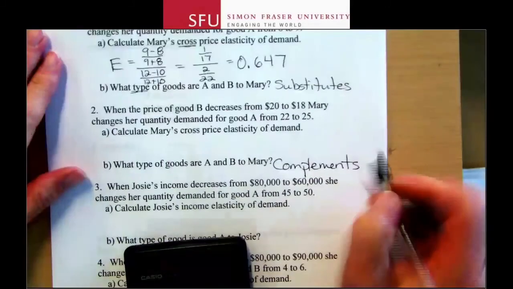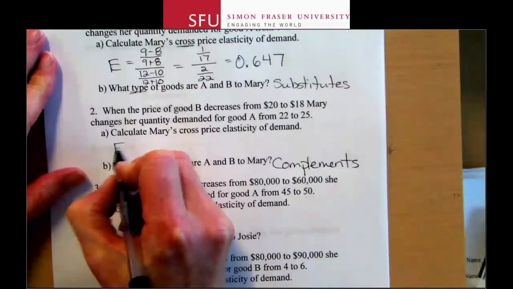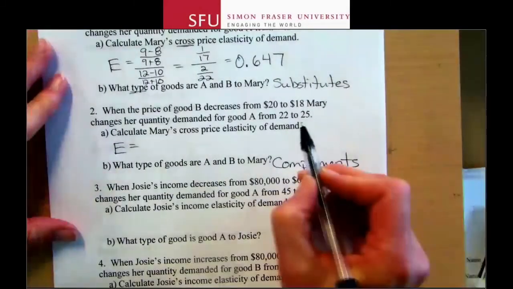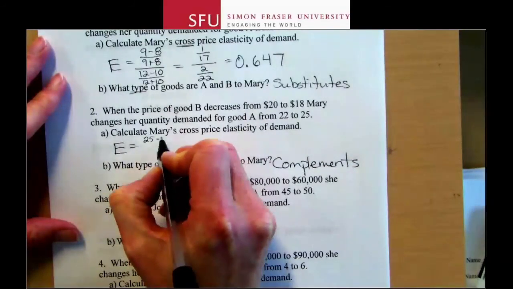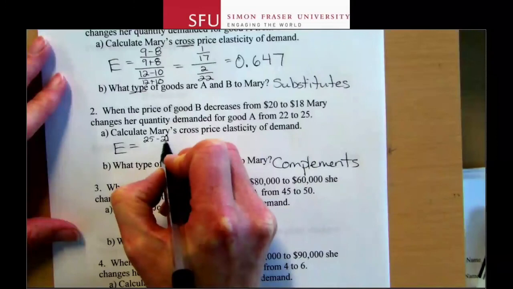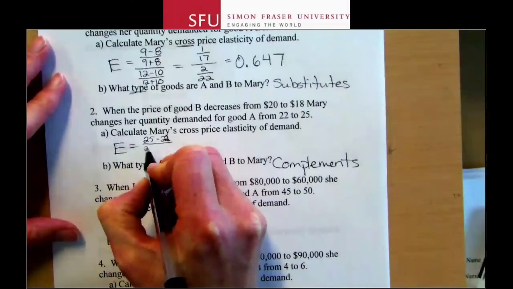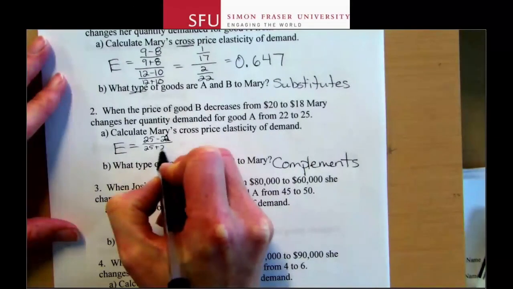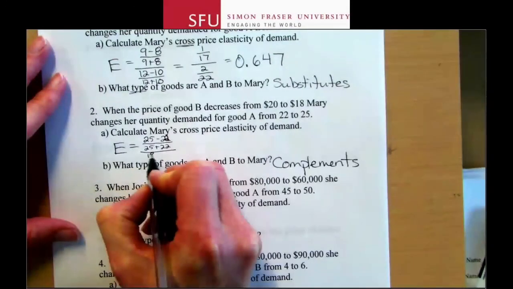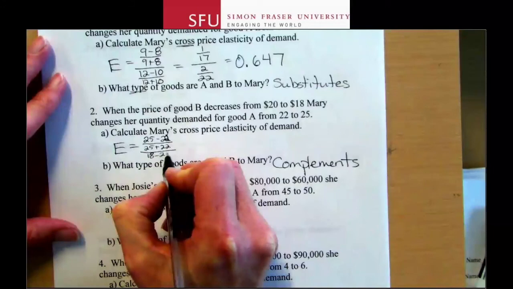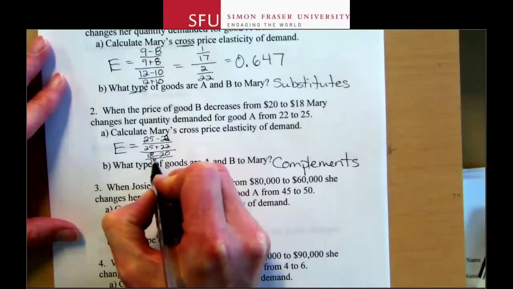So we should get a negative result here then. All right, so Q2 is 25, Q1 is 22. P2 is 18 minus P1 is 20. So that's where we're going to get our negative sign.